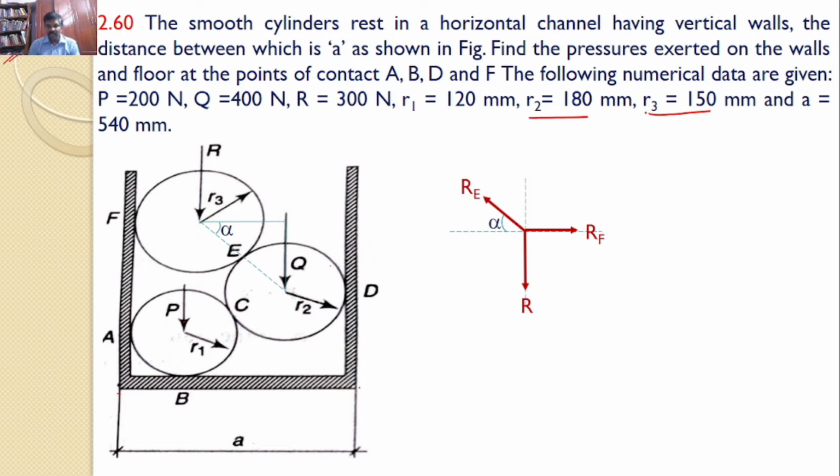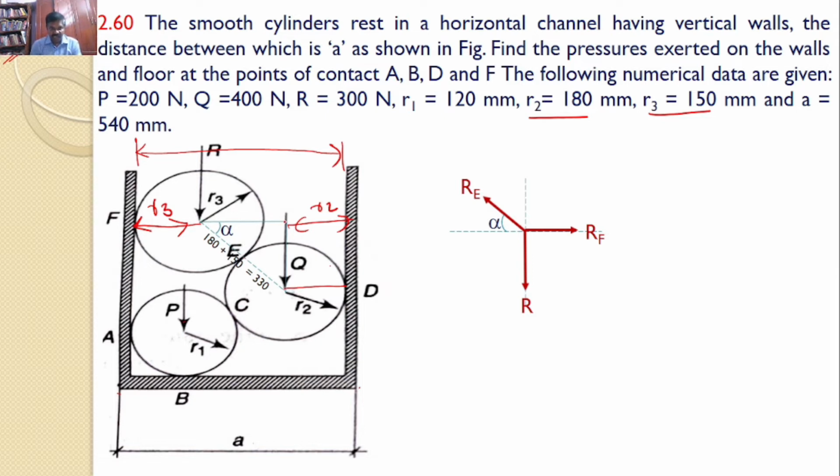Now R2 and R3 values are given. Clearly we can see this length is equal to R2 plus R3. That means this diagonal value is 330. And what about this horizontal? The total distance is given as A. And you know that this value is R3, and this value is R2, because it is the radius of the cylinder.